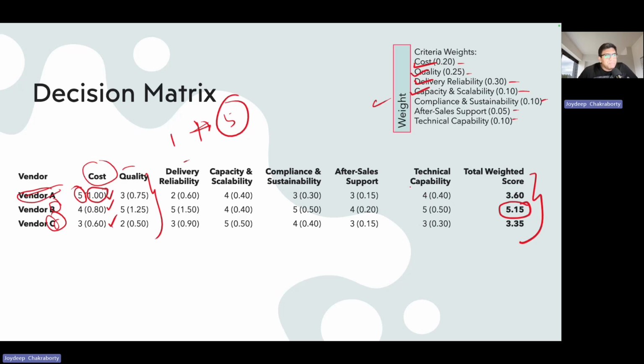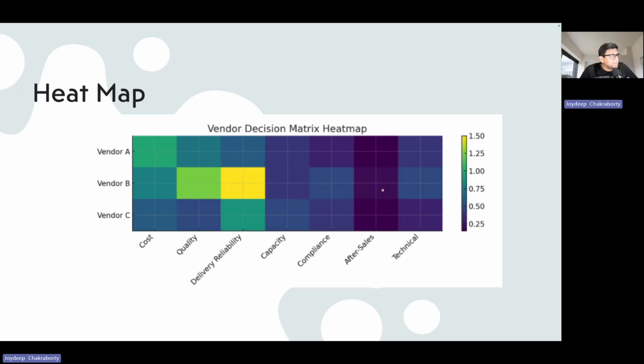Now just to check the hypothesis if it really looks good, what I've also done is I've put them in a heat map. Now this heat map gives you a depiction of where exactly each of these vendors stand. So this is A, and you got B, and you got C. Now if you look at this particular group alone, you'll find that this vendor, all the way up to here, is giving you a very good confidence that this is a more stable and suitable vendor for the job, given all the identified parameters that we have selected.